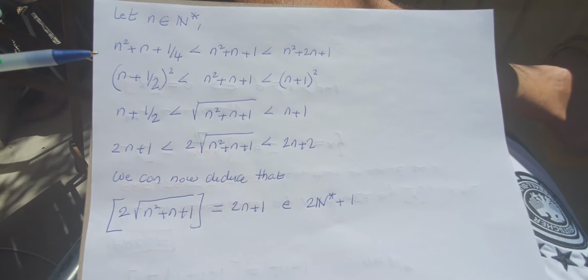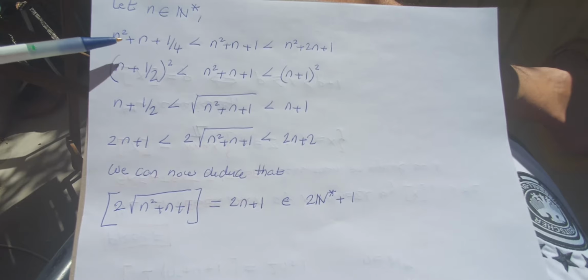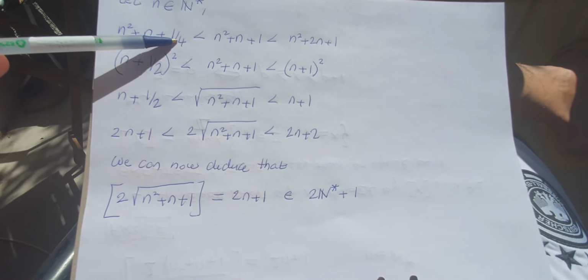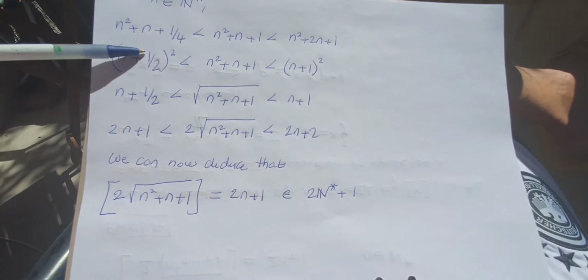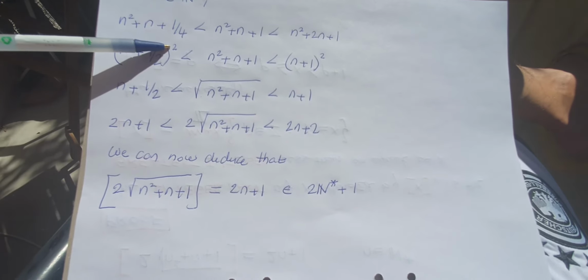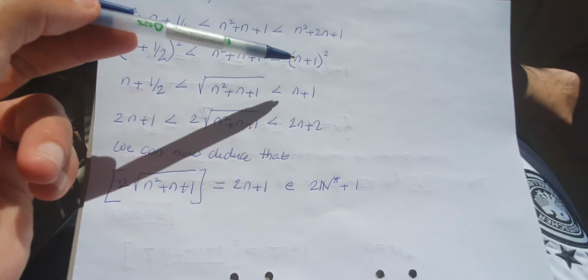Now the left hand side here is n plus half to the square, and the right hand side is n plus 1 squared.